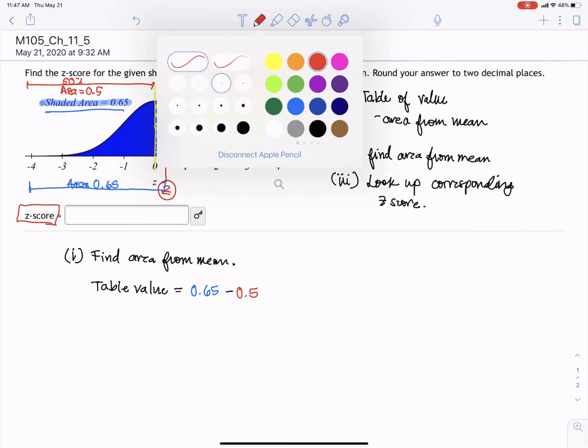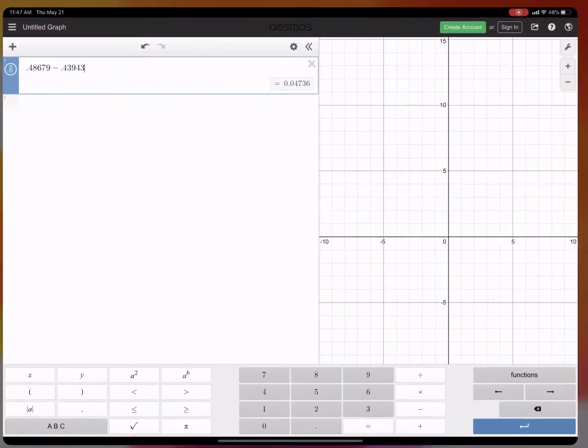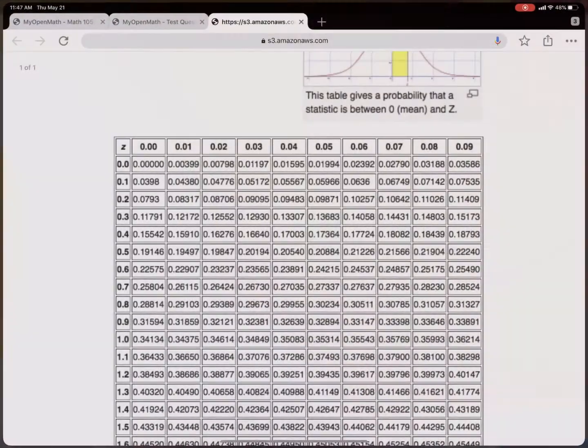And if we do that, we get a table value of 0.15. So now what I need to do is look up the table value 0.15 and find the corresponding z-score.